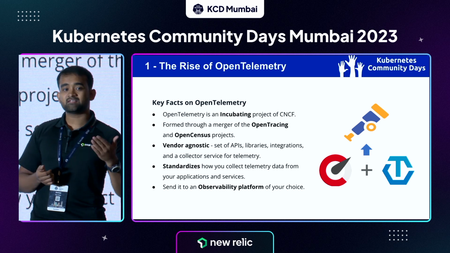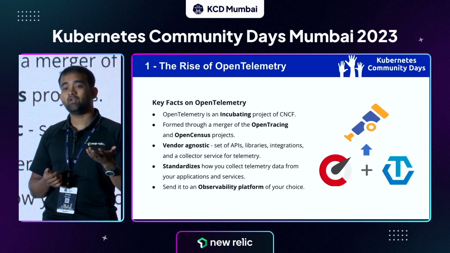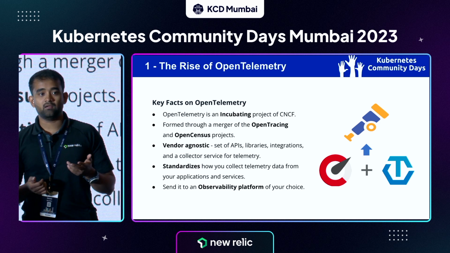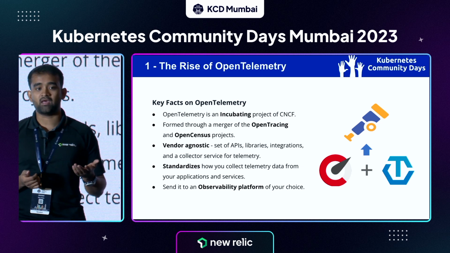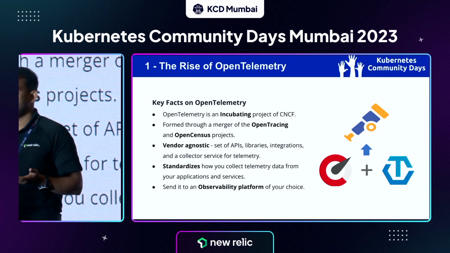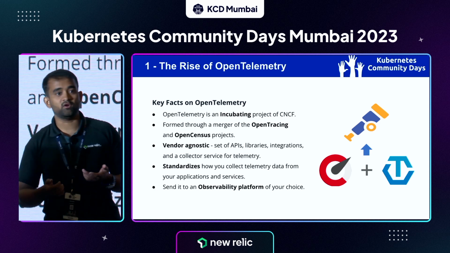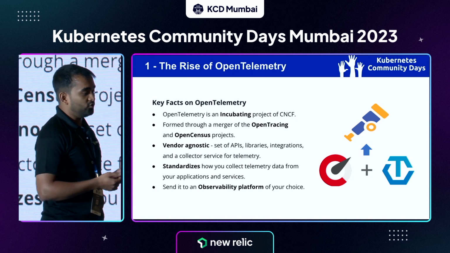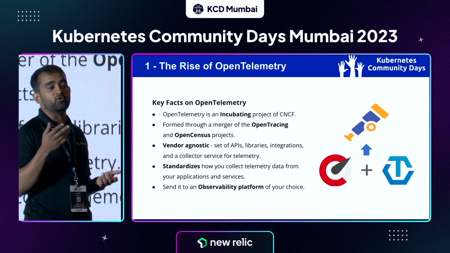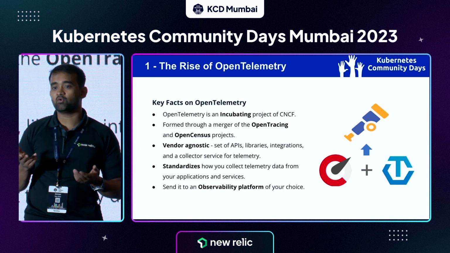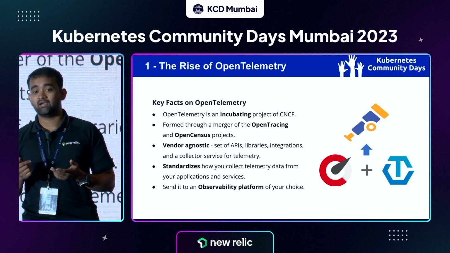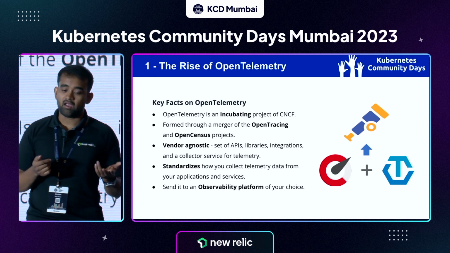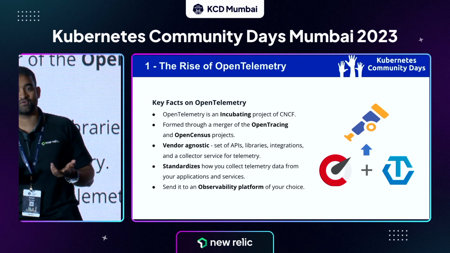It is setting a standard of how we collect our telemetry and how we control our telemetry data from all our application and cloud native services. The best part of where the community is interested is you can choose the backend for your telemetry data. That means you are in control of what observability platform you want to use. It can be open source, it can be a specific third party, and if you don't like it, you can always switch to a better provider.